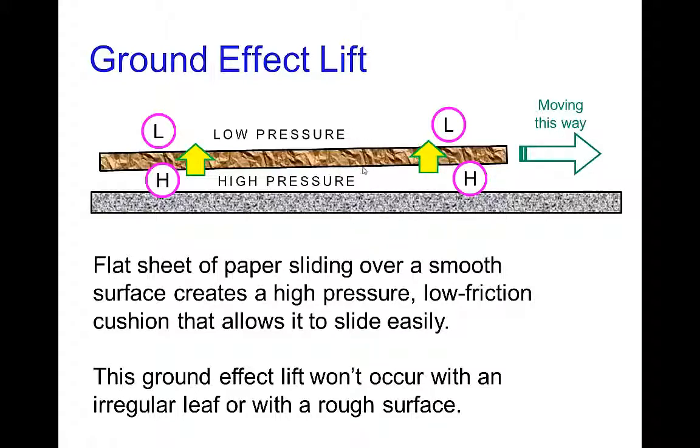There's an additional high pressure cushion that is produced between the paper and the table, and that cushion, that high pressure, just supports the paper as it slides over the surface. You won't typically see this with a leaf because the shape of the leaf is too irregular, and you won't see it if the surface is rough, like the grass or dirt.